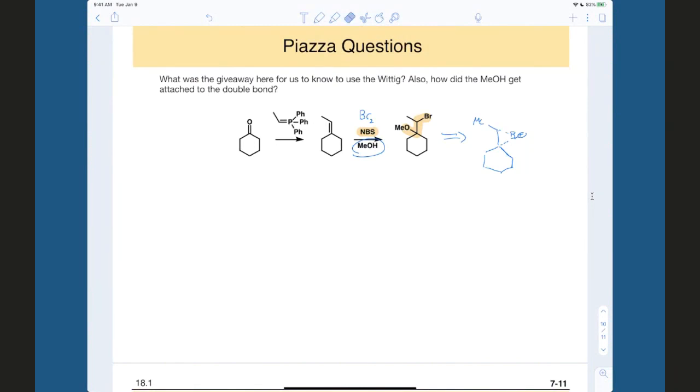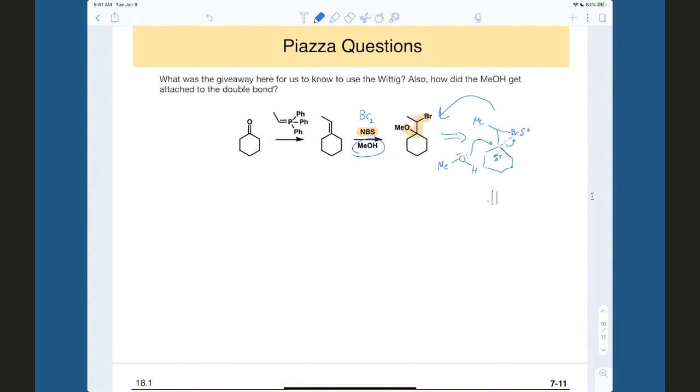So really you can draw this maybe a bit more realistically as having a bond to bromine and this longer, weaker bond that puts partial positive charge on the bromine and partial positive charge on the carbon. Sorry, my molecule art is not great today. And methanol will be able to attack this center, ring open, and give us this halohydrin.